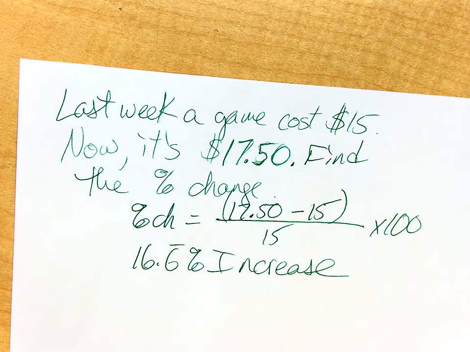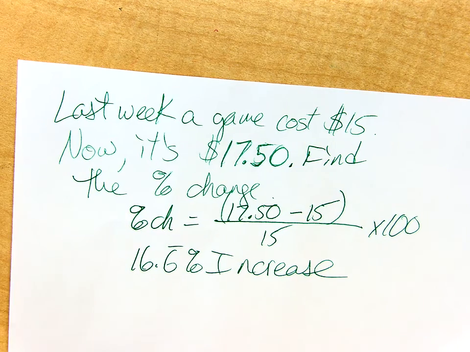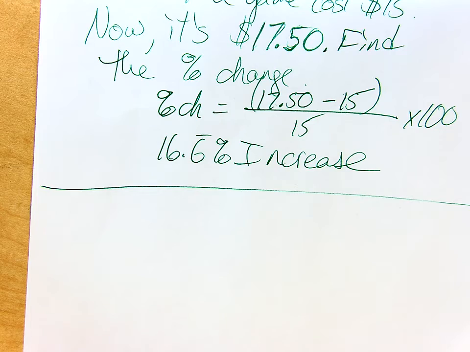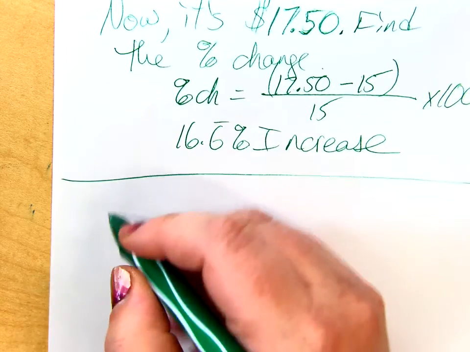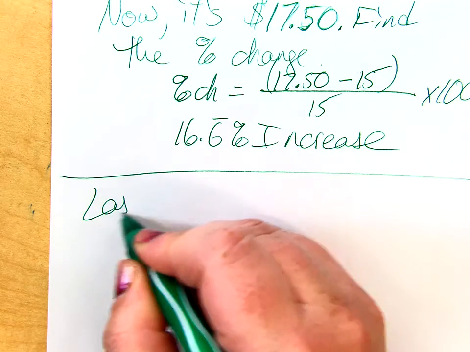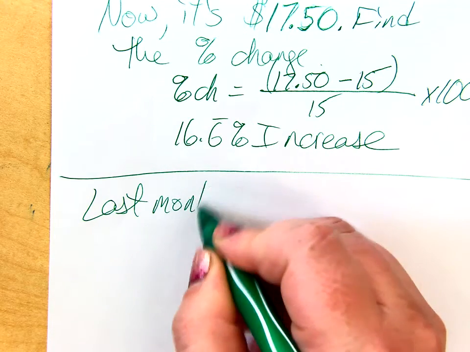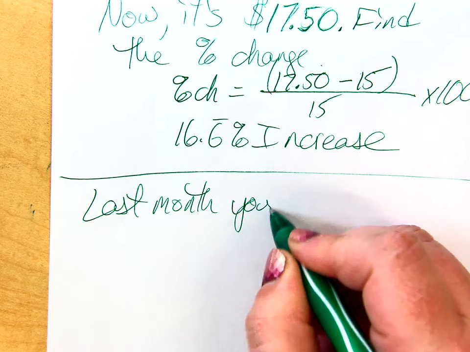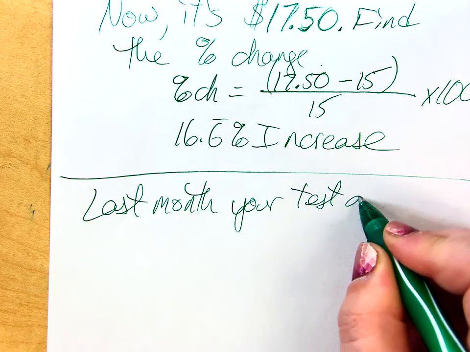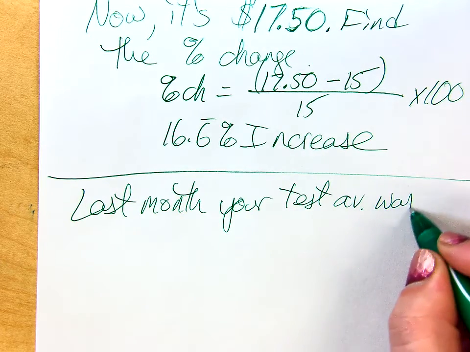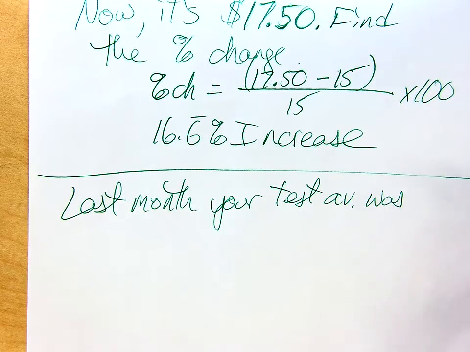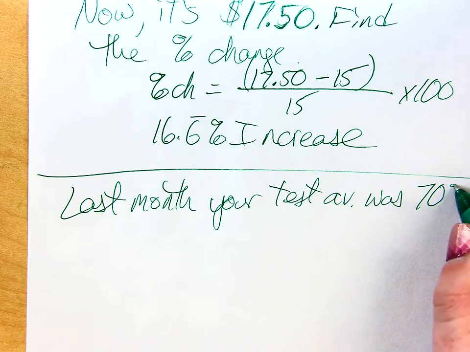It's not always money though. So let's try one example that doesn't involve money. Let's take your last couple test scores. Maybe last month your test average was, let's say, a 70%.